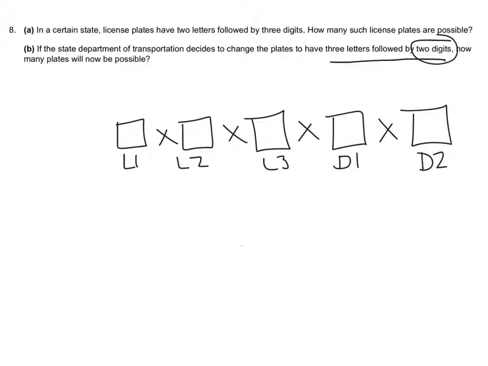Again, for the letters, we have 26 letters in the alphabet, so there's 26 ways to choose letter 1. There's also 26 ways to choose letter 2 and 26 ways to choose letter 3. Now for the digits, 0 through 9, I have 10 digits, and there are 10 ways to select digit 1 and also 10 ways to select digit 2.